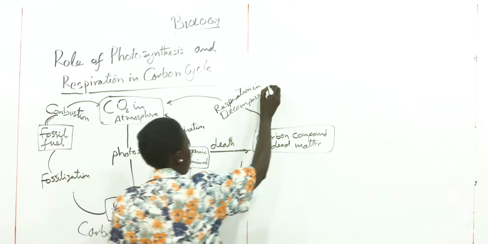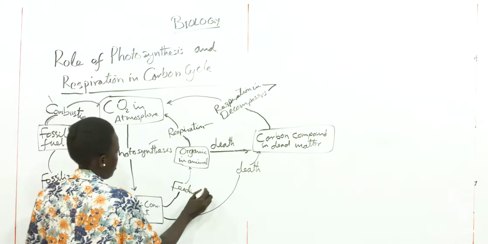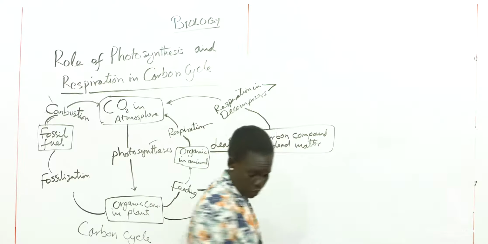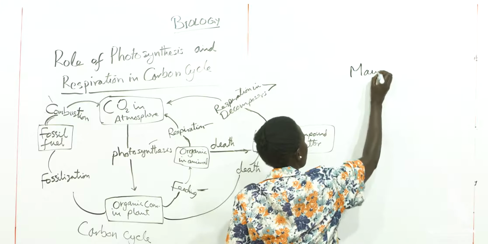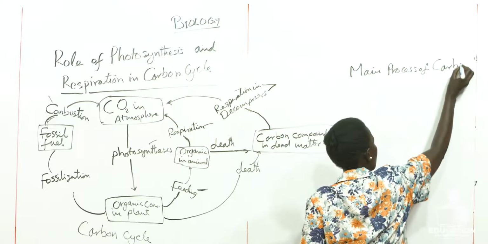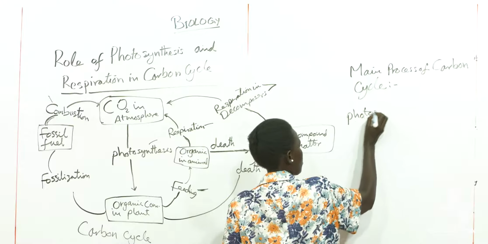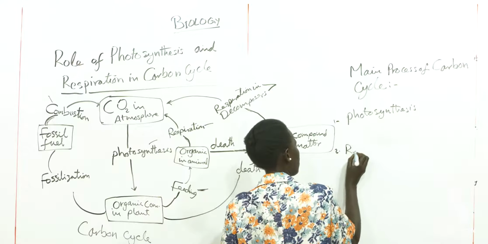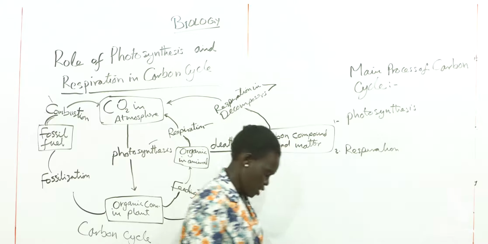So these are processes: the respiration process, photosynthesis process, combustion is a process, even feeding is a process. These are the main processes of the carbon cycle. Number one, photosynthesis. Two, before respiration, I put feeding first.